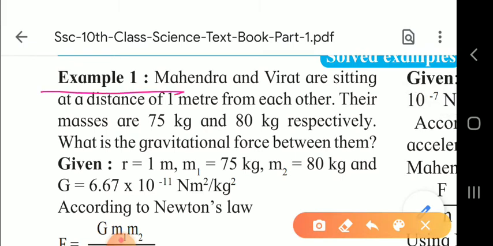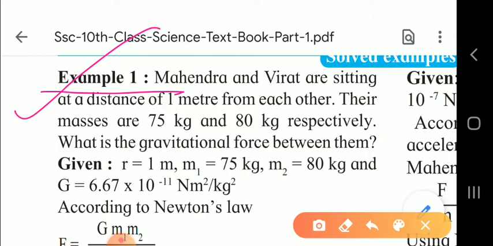This is example 1. Mahendra and Virat are sitting at a distance of 1 meter from each other. Their masses are 75 kg and 80 kg. So m1 is 75 kg, m2 is 80 kg, and the distance between them is 1 meter. And G, that you have already studied, is the gravitational constant.